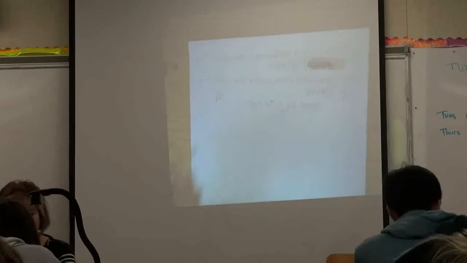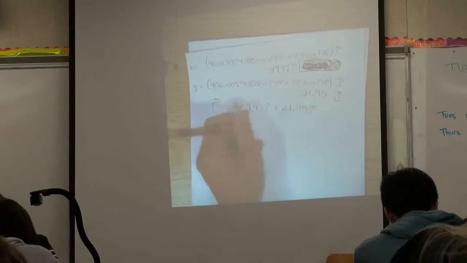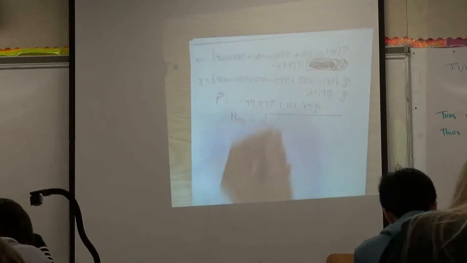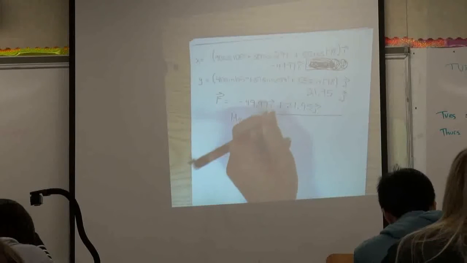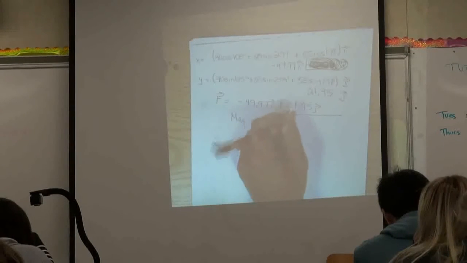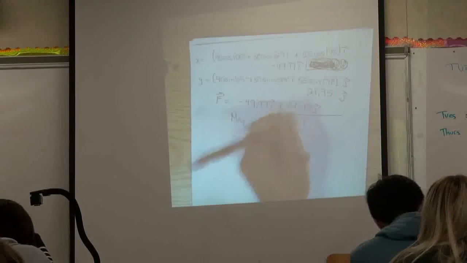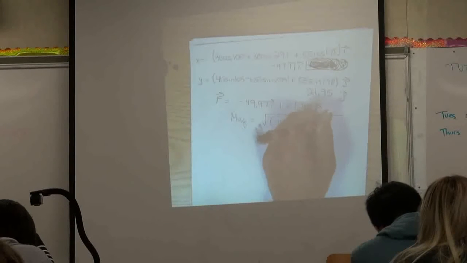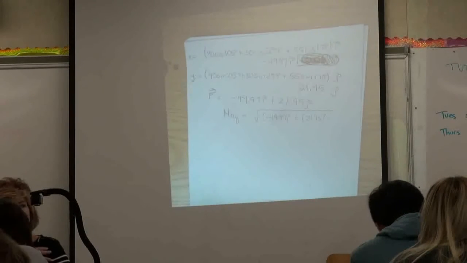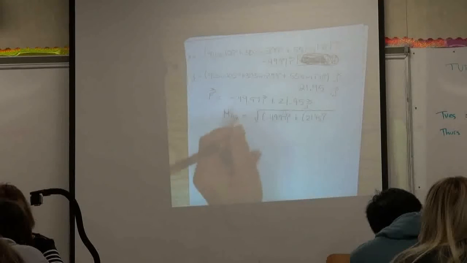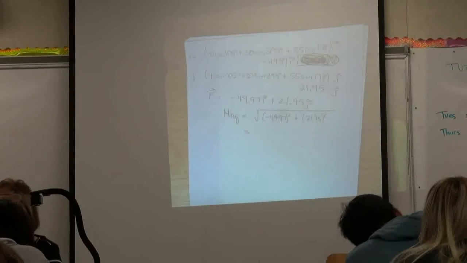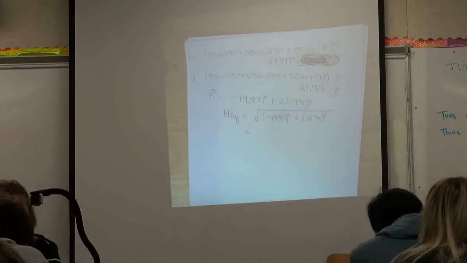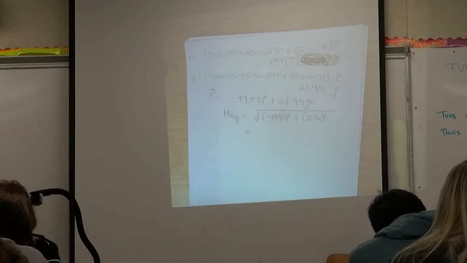So to find the magnitude, we will do the square root of negative 49.97 squared plus 21.95 squared. Again, in the interest of time, go ahead and just give me your answer.